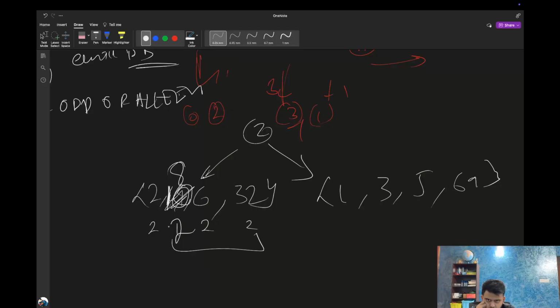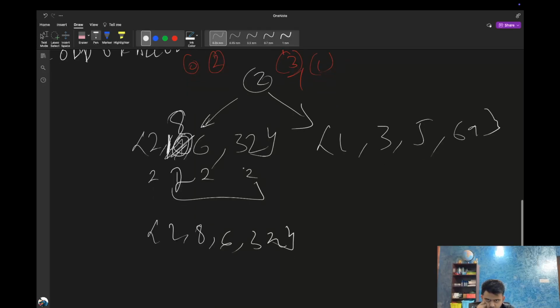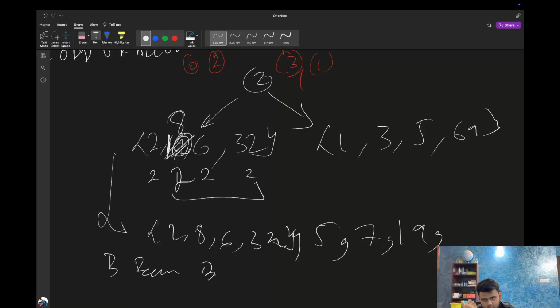So in this case, if it's 2 8 6, so B has to be 28632, and for the averages should be there. It's 10, 5, 14, 7, 19. Right, point is it becomes very big. B becomes big very fast.